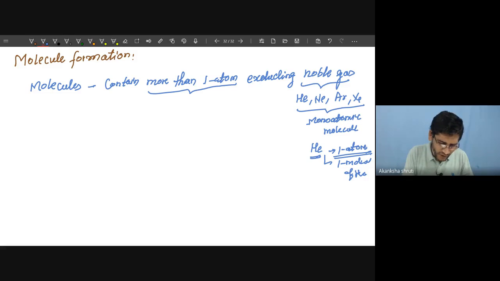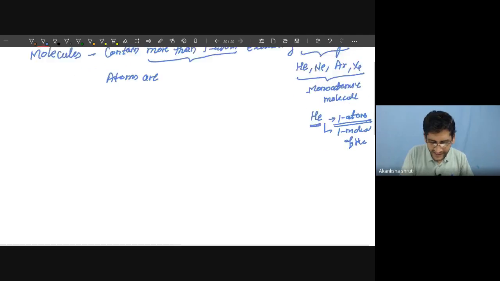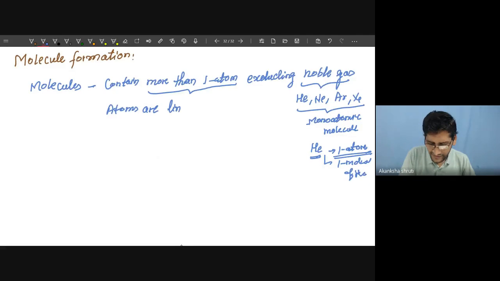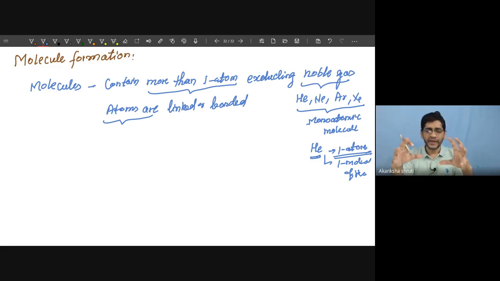Now in this molecule, the atoms are linked or bonded. How are these atoms bonded? For that, these atoms first form either a positive ion or a negative ion according to their valency.